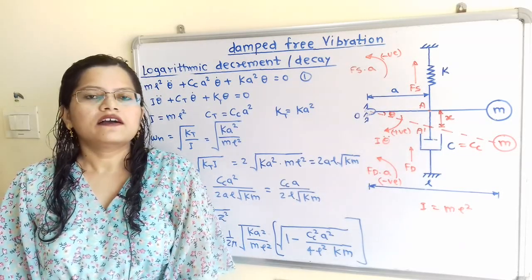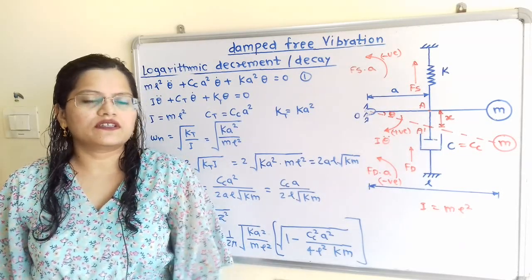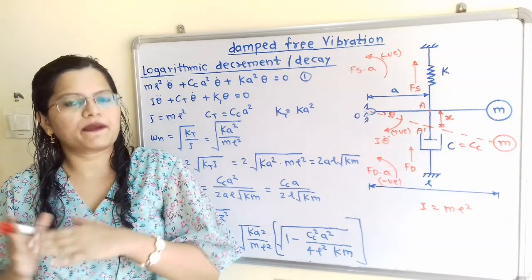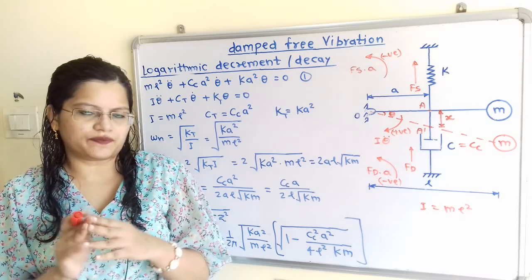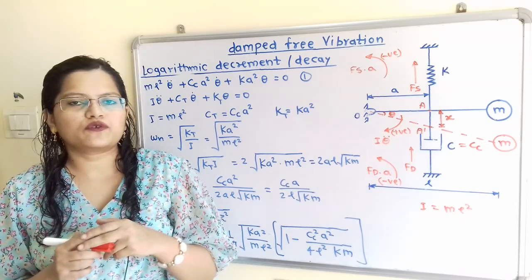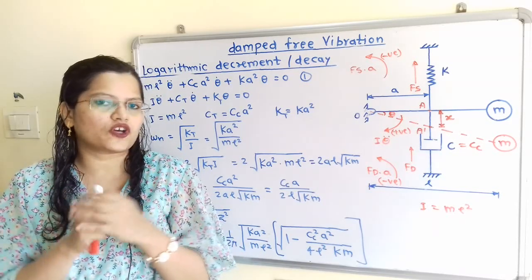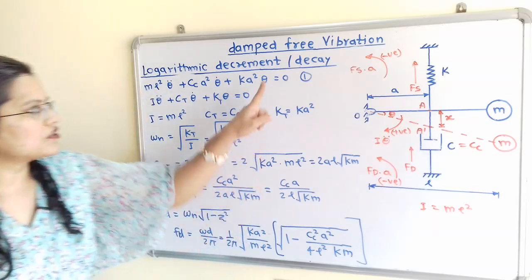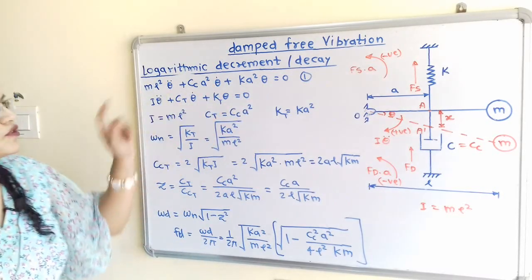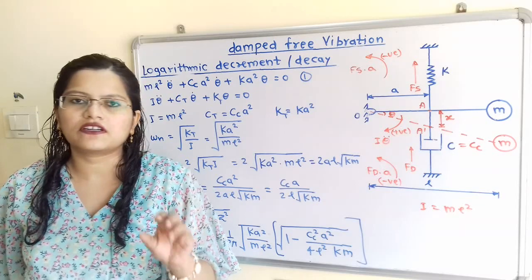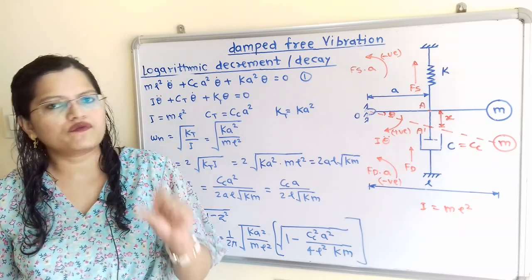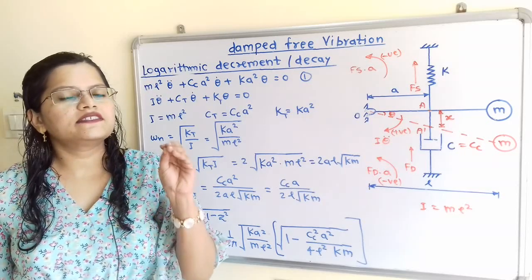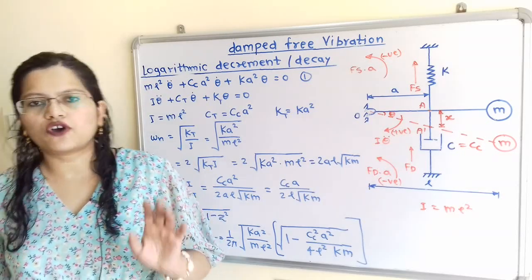So while comparing this equation with damped free vibration, we have to consider here the torsional system, because we know that there are two types, linear system and torsional system. But because this equation is in terms of theta, we have to consider the damped free vibration equation in terms of theta only, and it is applicable for the torsional system.